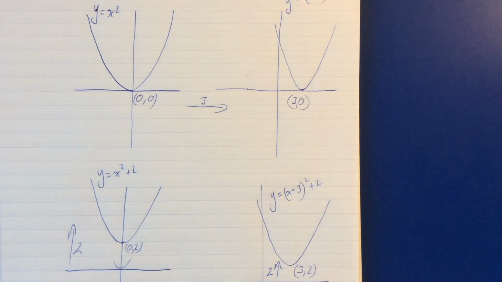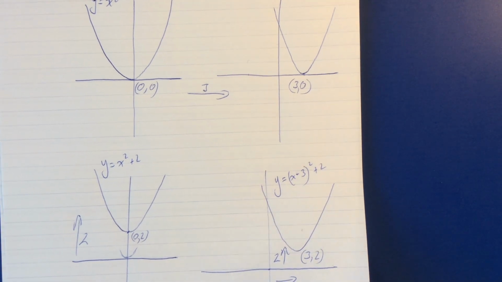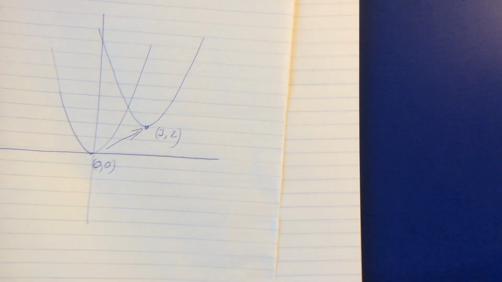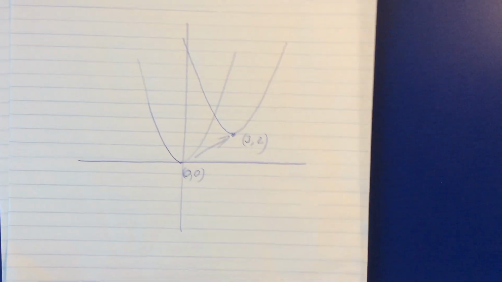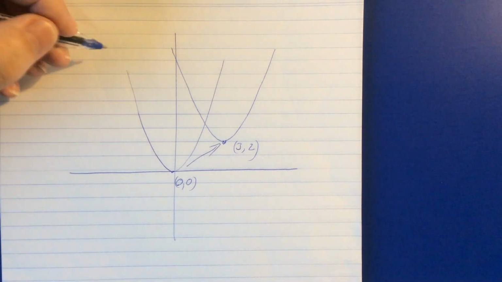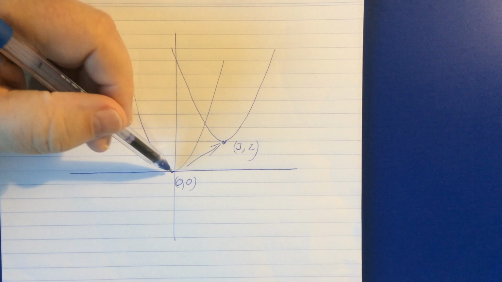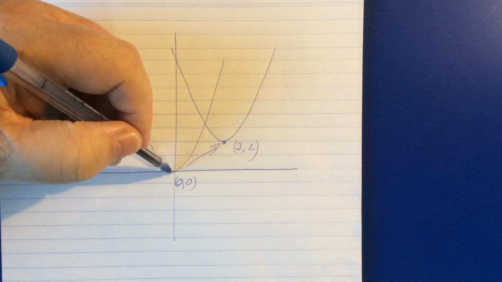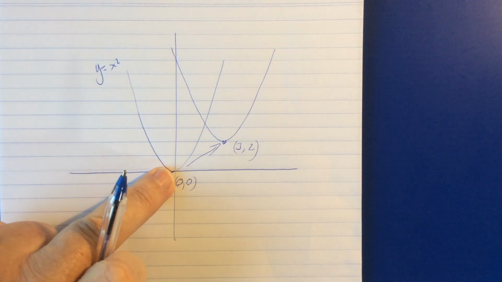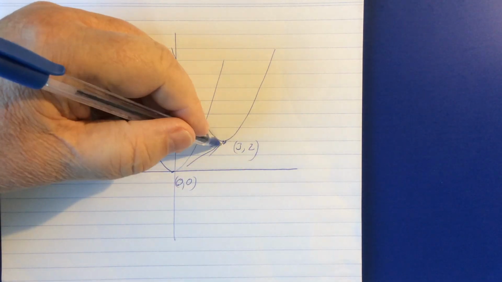Now, let's take a look at what the result of this actually is. So this is y equals x squared, and the result that we get is that we have a translation sideways and upwards. This is the resultant.